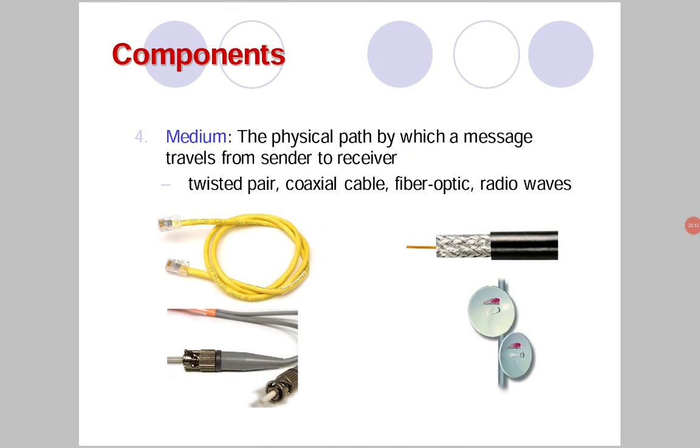The next important, fourth component of the data transmission process is media, or medium, transmission media or physical media. The physical path by which a message travels from sender to receiver is called the medium.